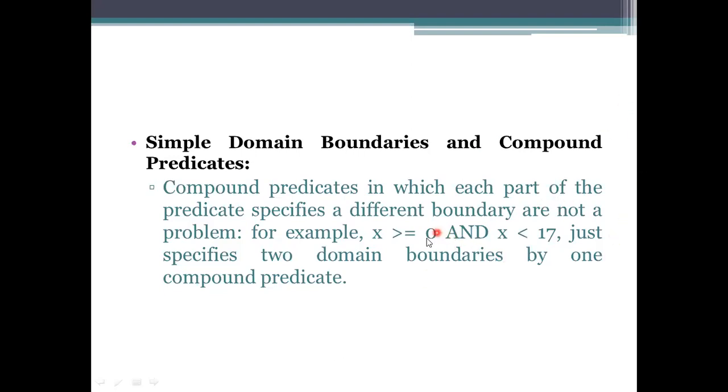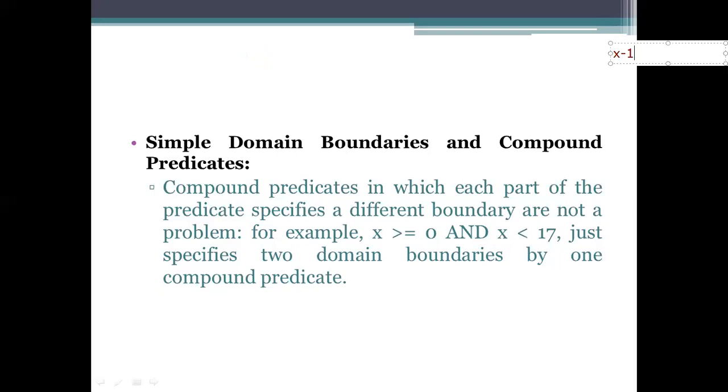If it is like this, for example, see, x greater than or equal to 0 and x less than 17. Here the compound statement, the control statement we are using, specifies the variable x. Here we are using x as the first condition.